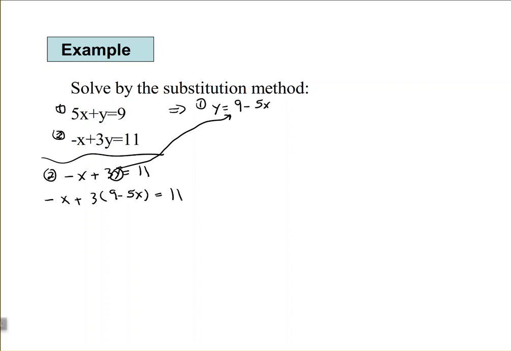Now, the reason we want to do that is so we only have one variable in the equation, and we can solve for that variable and find the value, in this case, of x. Again, our goal is to find the value of x and y, which would be the ordered pair that the two equations have in common. So this is one method to finding that ordered pair.